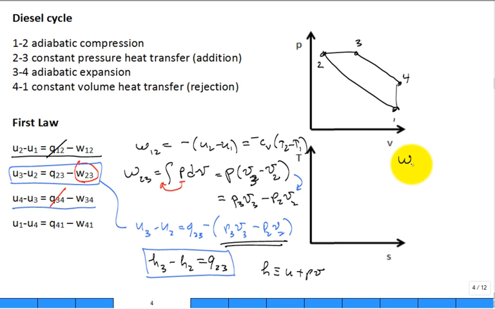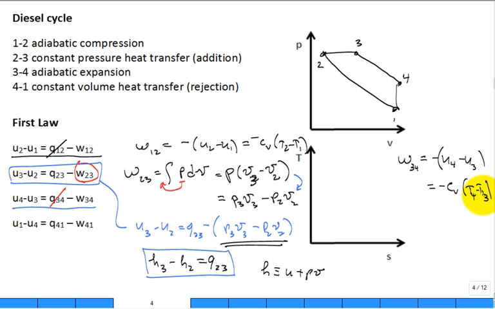So the work 3 to 4 is equal to minus U4 minus U3. Is that true? Did I mess it up? Does it look good? And this, using constant specific heats, would be minus C sub V T4 minus T3, or if you want to get rid of that minus sign, switch the order, T3 minus T4.